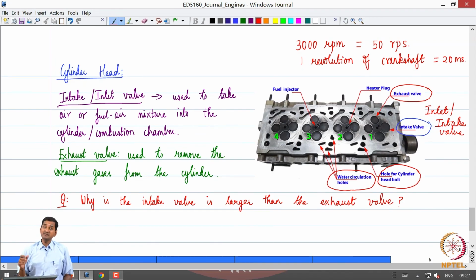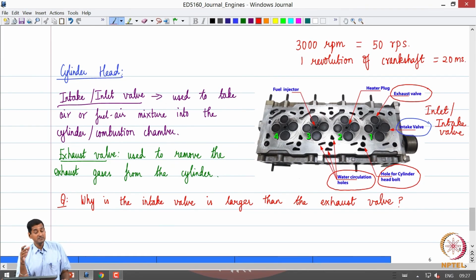So obviously this difference in size would be more pronounced in a naturally aspirated engine, because, as we have already seen yesterday, in a naturally aspirated engine the intake fluids, air or air-fuel mixture, are taken at near atmospheric pressure. So obviously the pressure difference is going to be smaller in a naturally aspirated engine during the intake process, so they will obviously require a bigger valve, right. So that is the main reason, okay.